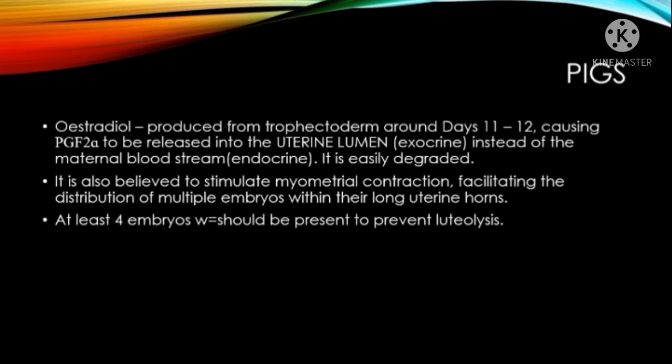Estradiol is also believed to stimulate myometrial contraction, which facilitates the distribution of multiple embryos within the pig's long uterine horn. Also, there should be at least 4 embryos to prevent luteolysis. Any less, and there would be the regression of the corpus luteum, which terminates pregnancy.